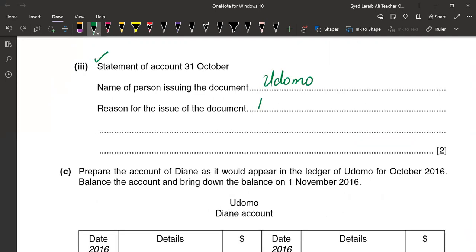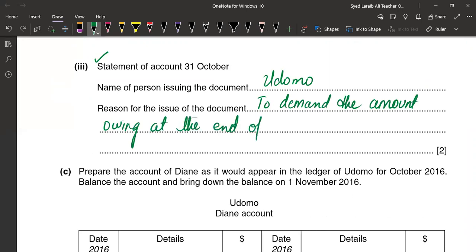So I can write here, to demand the amount owing at the end of the month. I hope this is clear to you.